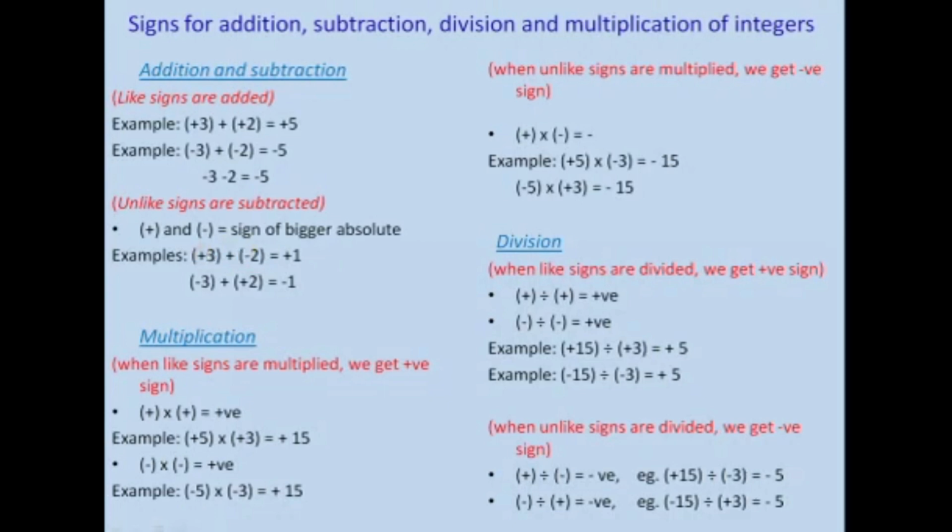So -2 is subtracted from +3, and it will take the sign of the bigger absolute, which is plus, and the answer is +1. And -3 and +2 are put together, they have to be subtracted. Here the bigger absolute 3 is carrying the sign negative, so the answer will carry the sign of the bigger absolute, so the answer is -1.